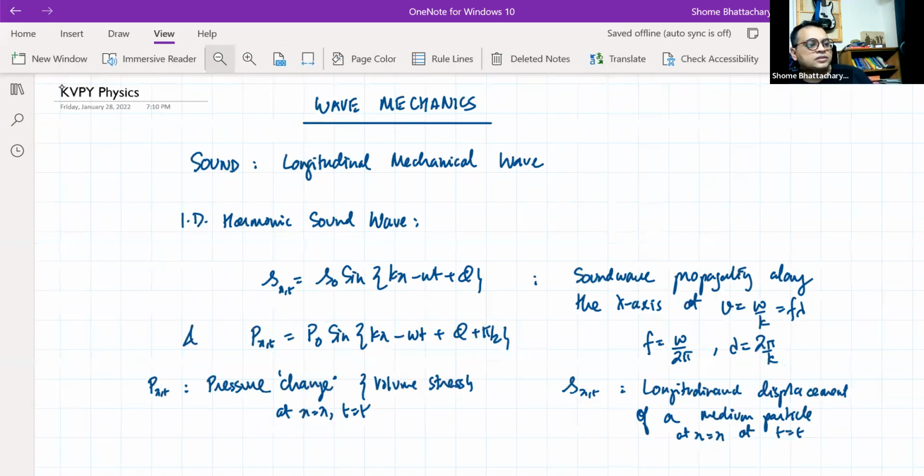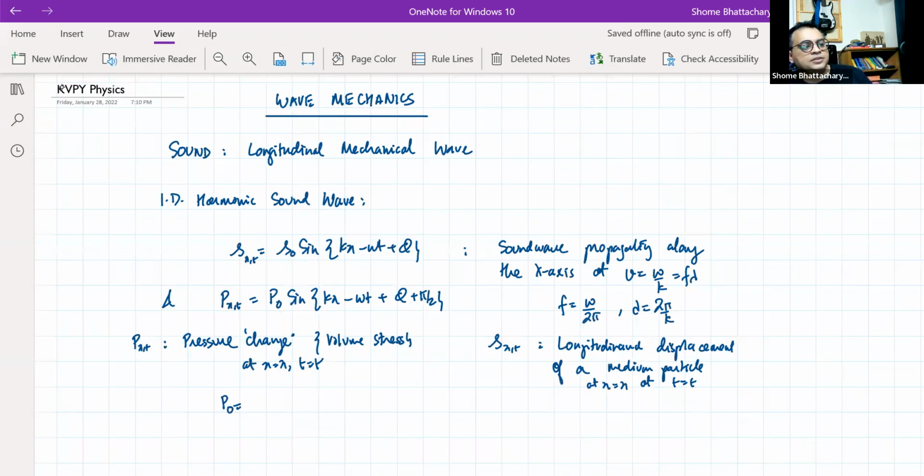The relationship between these two is that the pressure amplitude is given by beta into k into s naught, where beta is the Bulk modulus of elasticity.